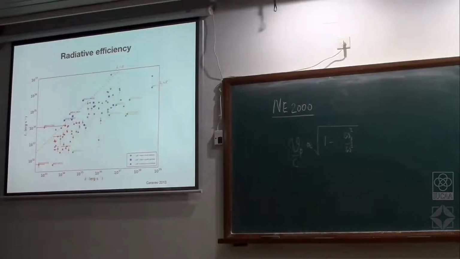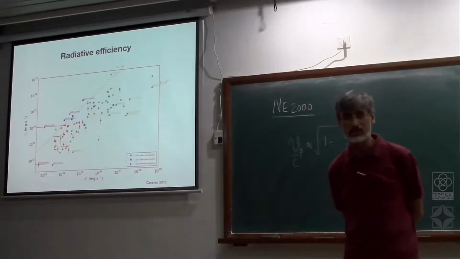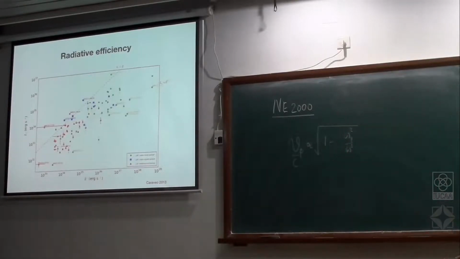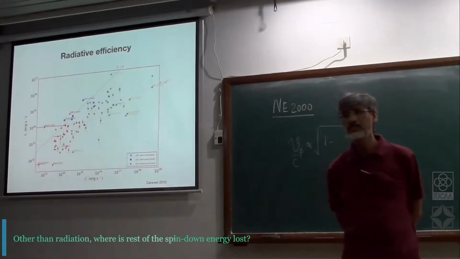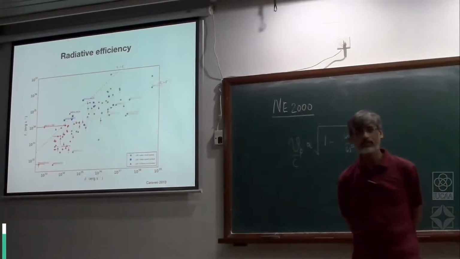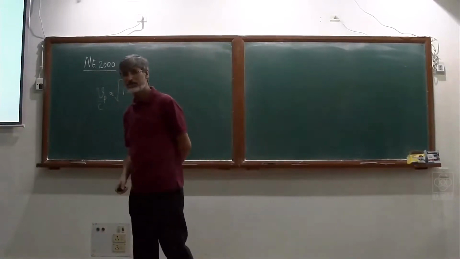So radiation does take away a considerable amount of energy, but it doesn't take away all the energy, it appears. The pulsed radiation. So where is the rest of the energy going? Any guesses? Winds. Okay. So now let's see what that means.